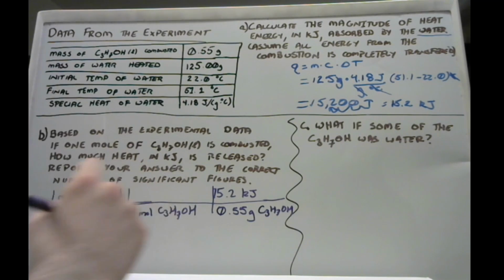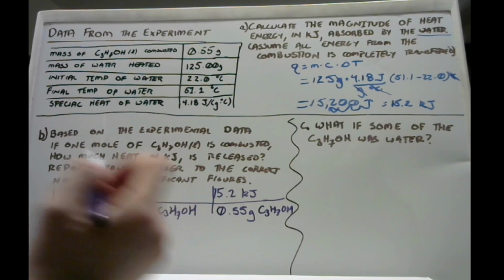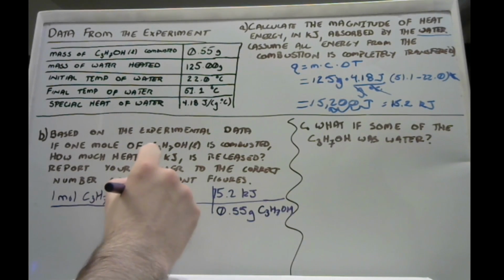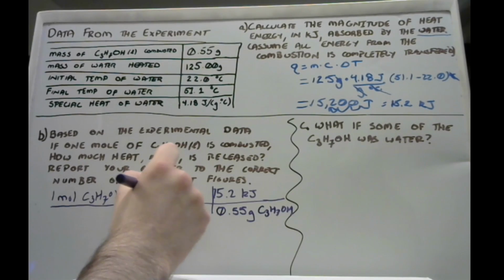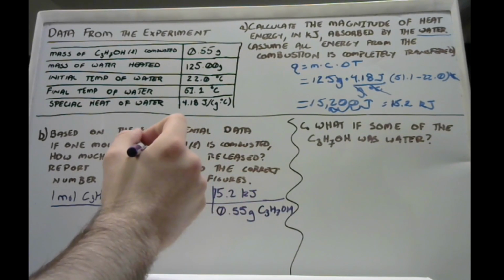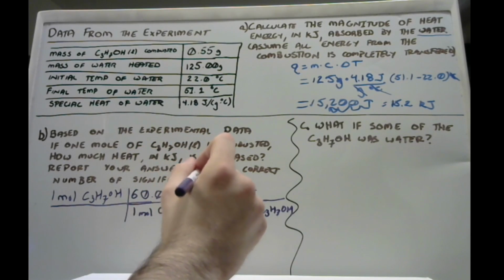I have 3 carbons at 12.01 each. 7 and 1 makes 8 hydrogens at 1.01 each. And the 16 grams per 1 oxygen. Add all those up, and you should get 60.09.